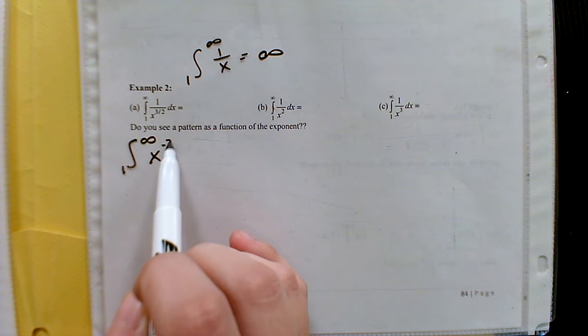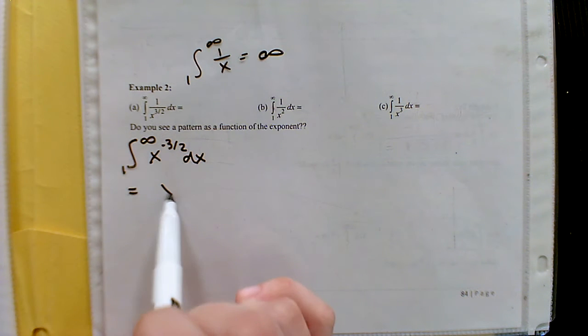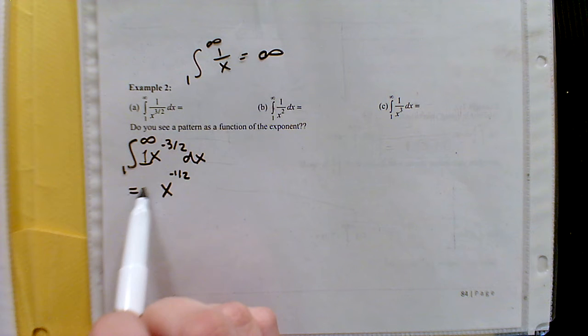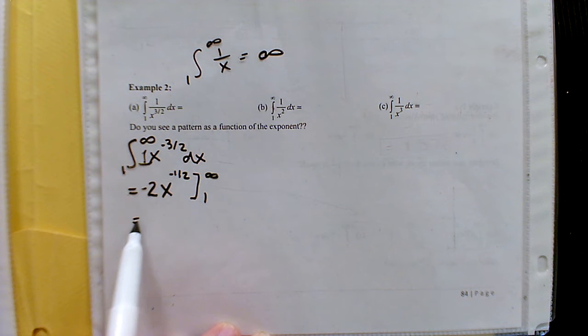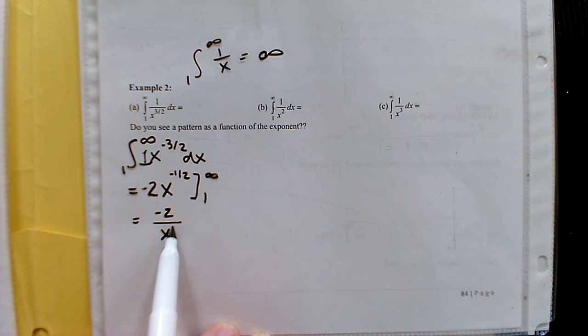Yeah, that would make it a negative power, right? Can we work backwards from there? Kind of reverse power rule. If you add 1 to the power, you get negative 1/2. Divide the coefficient by that new power. 1 divided by negative 1/2. Negative 2. Let's see, instead of having a negative power, maybe you want to make it positive again. You can move it back down to the denominator.